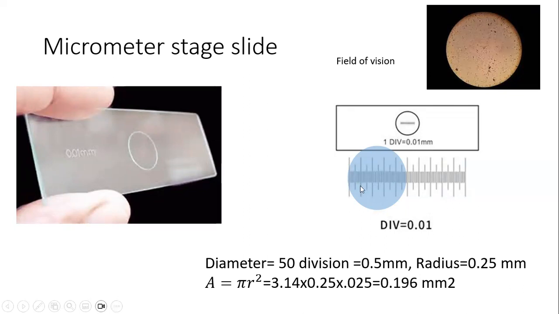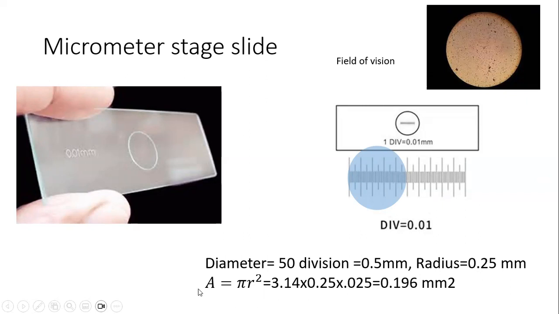In this example, the diameter occupies about 1, 2, 3, 4, and 5 bigger lines, which means there are a total of 50 divisions, which correspond to 0.5 millimeter. So the diameter is 0.5 millimeter, and hence the radius becomes 0.25 millimeter.